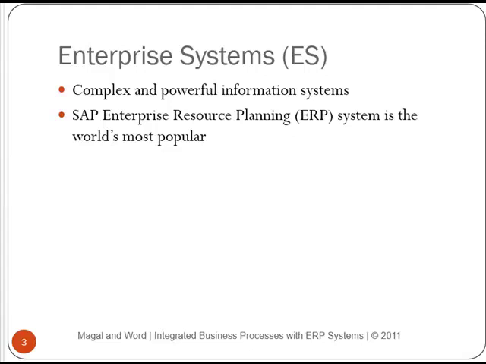So if we look at HR, for example, you will see that the HR module starts with creating the organizational structure. The organizational structure says who is at the very top of the organization, what are the different departments that I have, who is responsible for each department, and then who are the employees that work within each department.